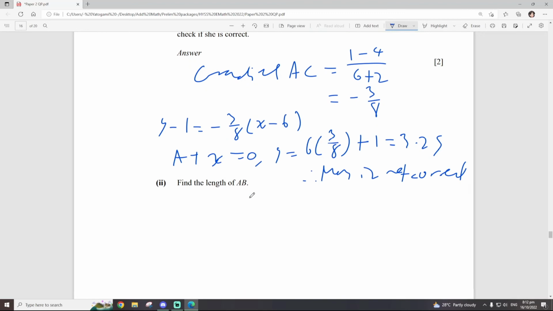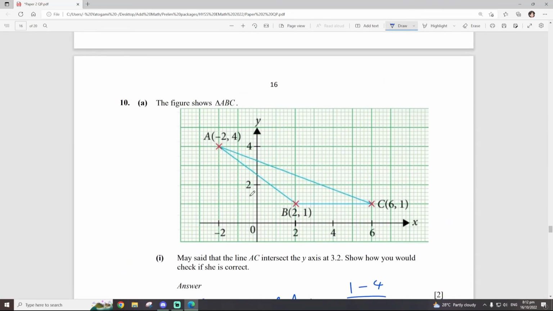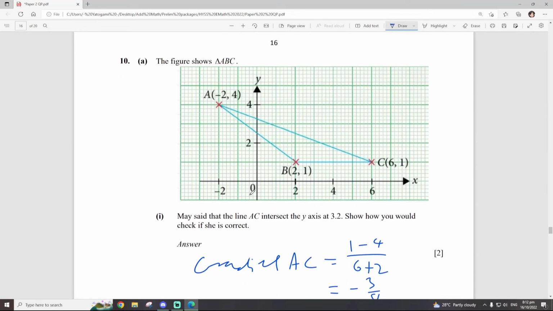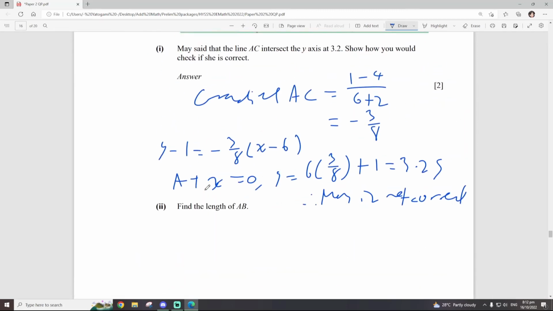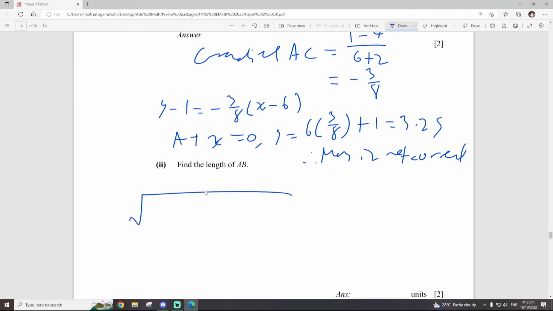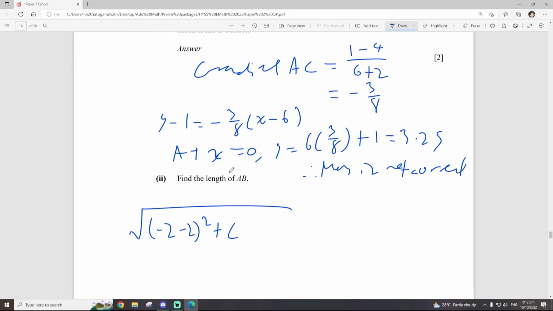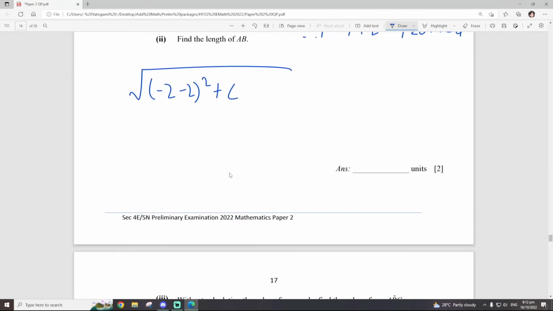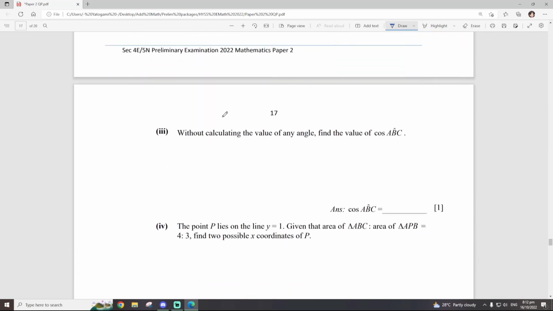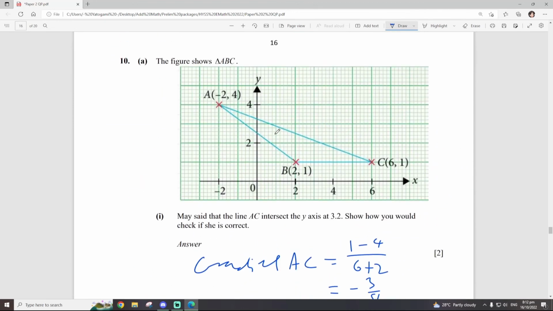Find the length AB. Okay, so that would be the square root of, you take the distance formula, minus 2 squared plus 1 minus 4 squared. Okay, and it turns out that this is exactly 5. Without calculating the value of the angle, find the value of cosine angle ABC.